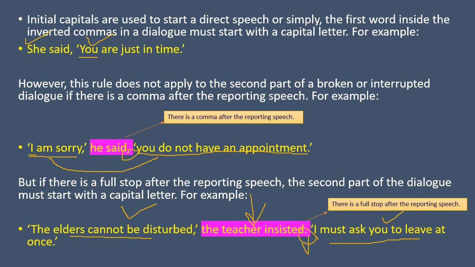Take this one as a new sentence, so the rule applies to the new sentence as it applies to every sentence, that the first letter of each sentence is capital.